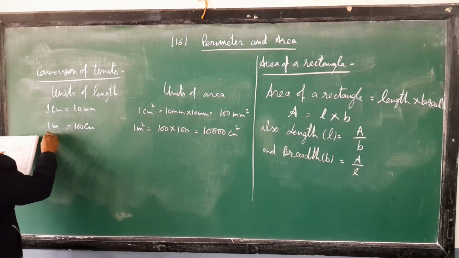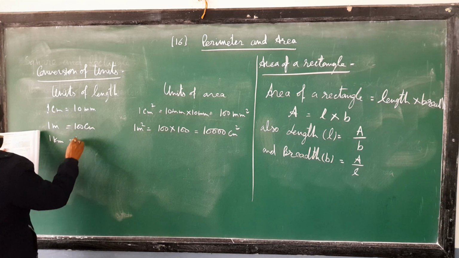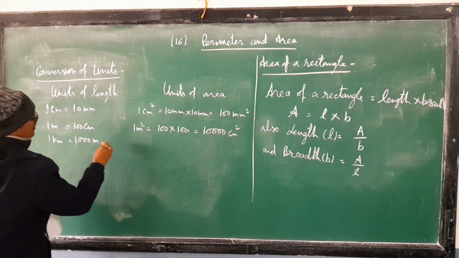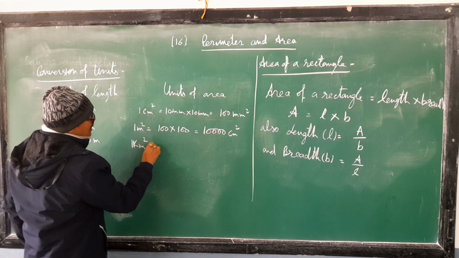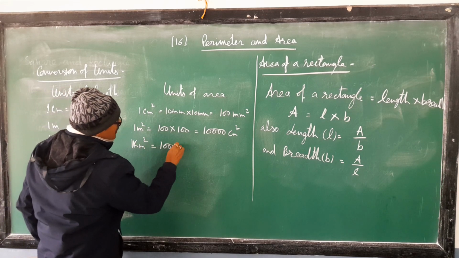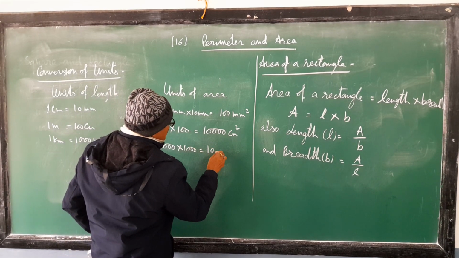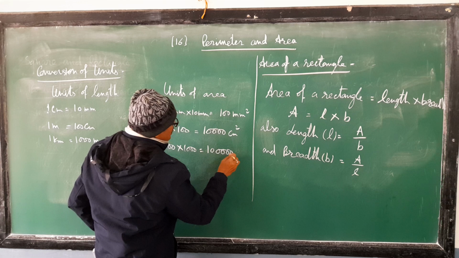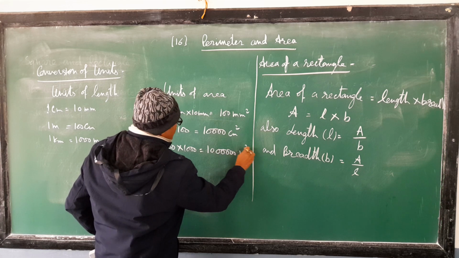Similarly, 1 kilometer is equal to 1,000 meter. So 1 kilometer square is equal to 1,000 into 1,000, which is 10 lakh meter square.